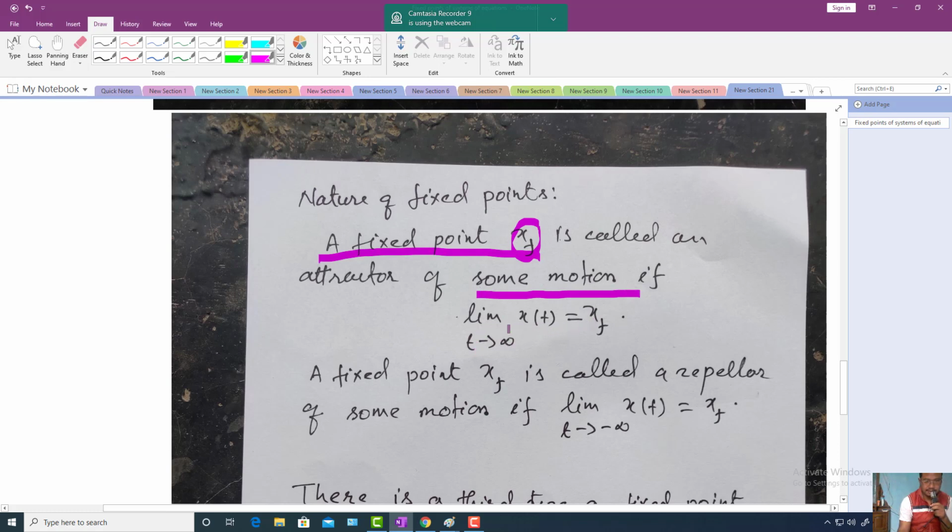The long term behavior when t tends to infinity, of the motion or solution curve, converges toward the fixed point for some motion. That we call an attractor fixed point, or stable fixed point for some motion.